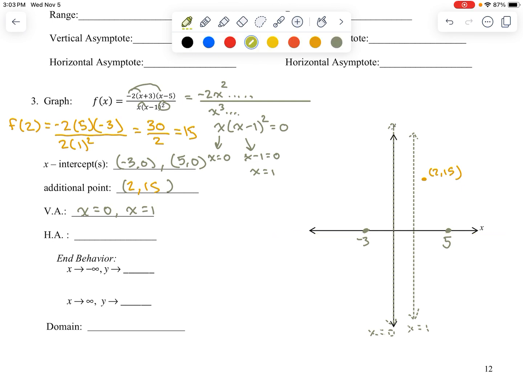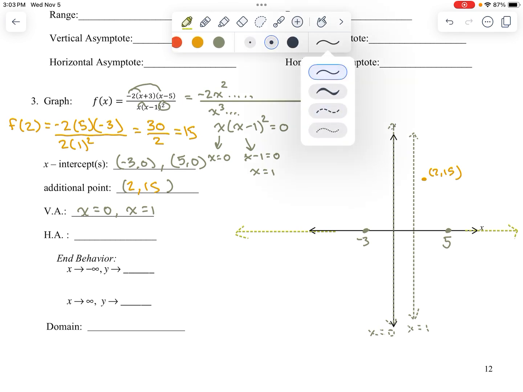Let's do this here. And I'm just going to extend it towards the left and right. I'm not going to go all the way across because the horizontal asymptote only describes the end behavior. So it's going to put y equals 0.